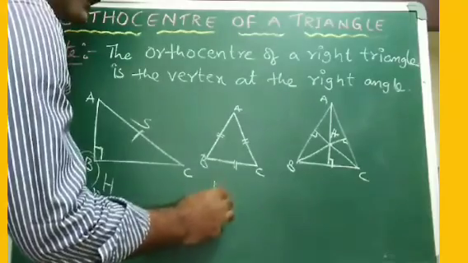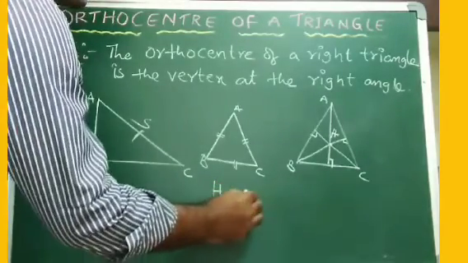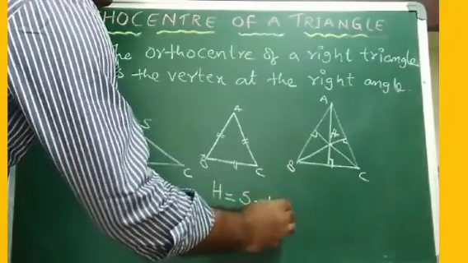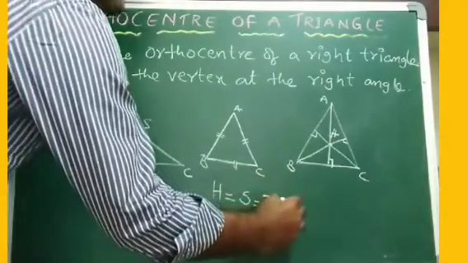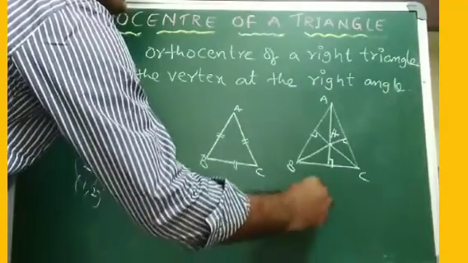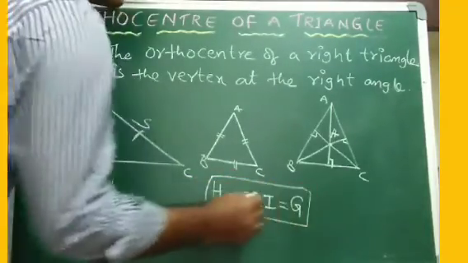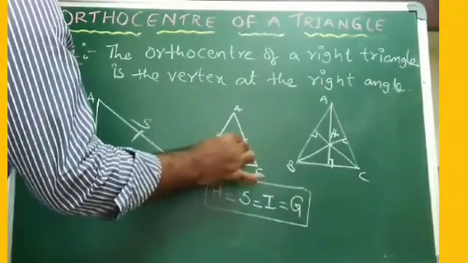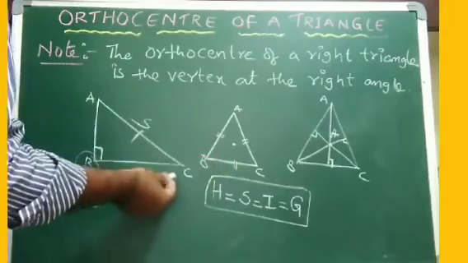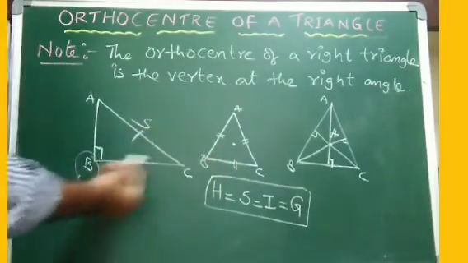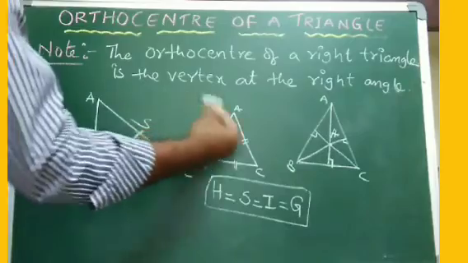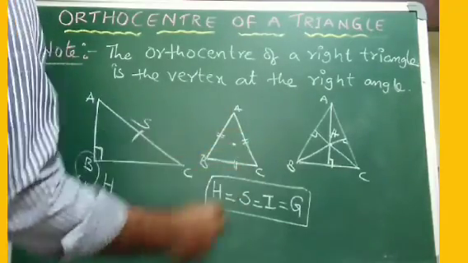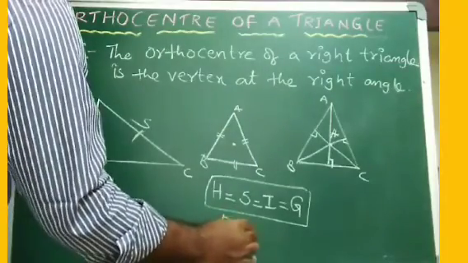So the orthocenter H equals the circumcenter S equals the incenter I, which equals the centroid. This is the point which is itself a centroid, an incenter, a circumcenter, even an orthocenter, in case the triangle is an equilateral triangle. Please remember that.